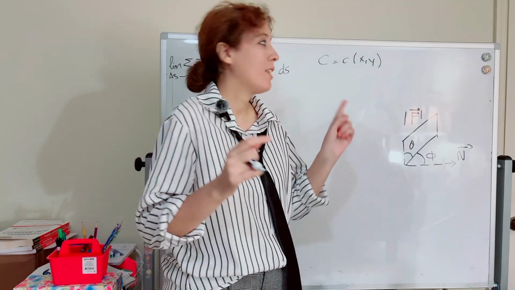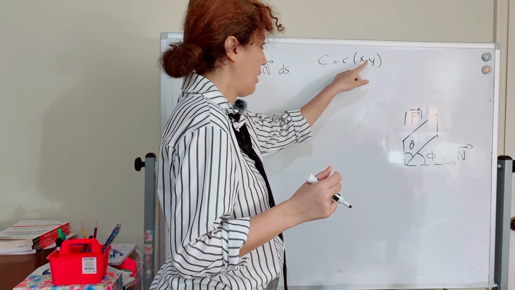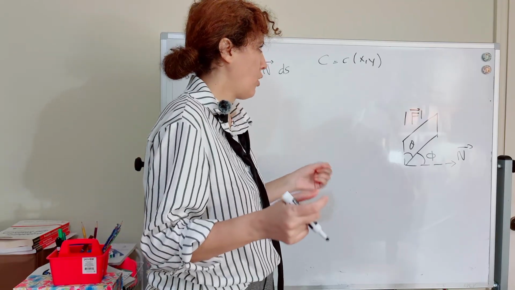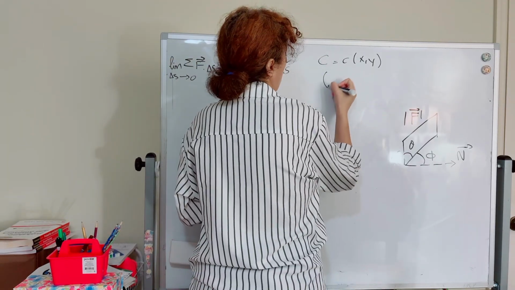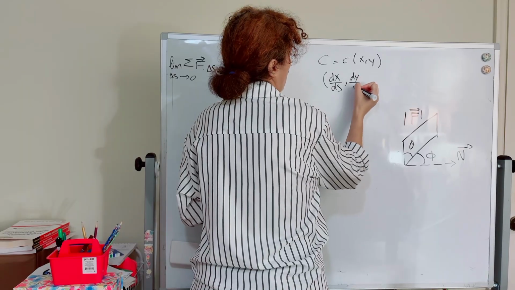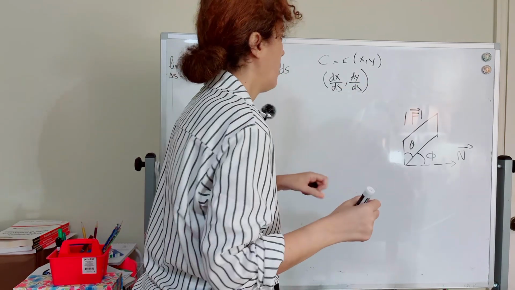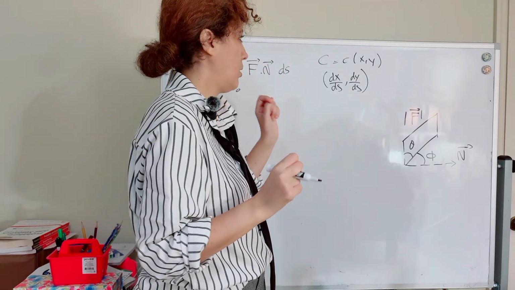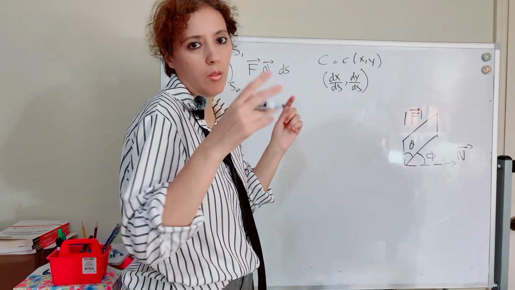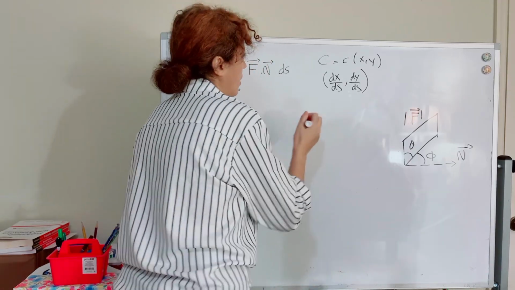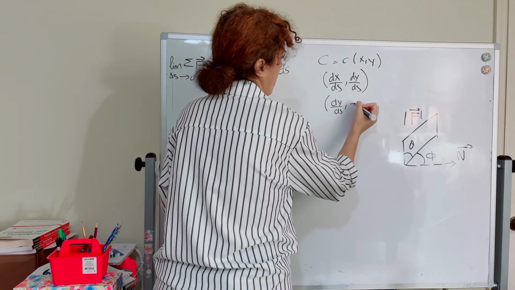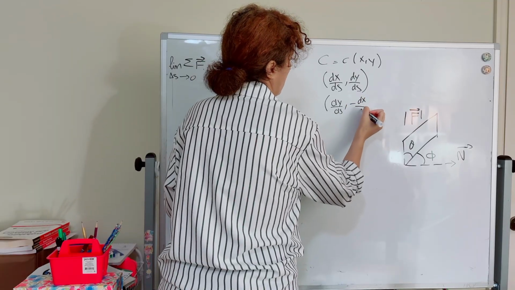So for a given curve C, you know that the unit tangent vector is dx over ds, dy over ds. And we know that the normal vector, which is perpendicular to the tangent since it's perpendicular to the curve C, is going to be dy over ds, negative dx over ds.